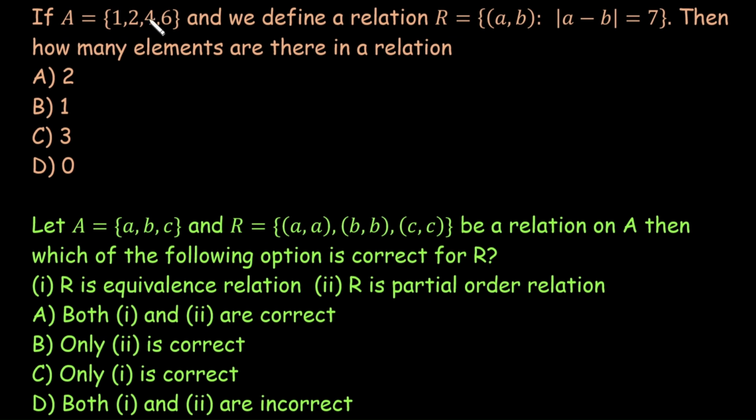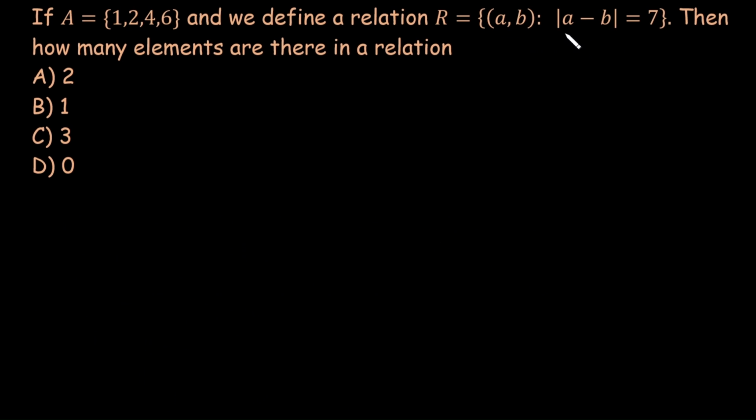Next example: if A contains these four elements and we have defined the relation as the ordered pairs (A, B) such that the modulus of A minus B is equal to 7, then how many elements are there in the relation? We need to take the ordered pairs such that the difference is 7.